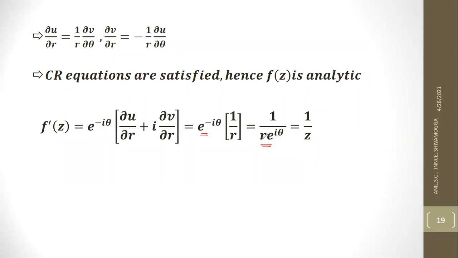Therefore, this is equal to 1 divided by z, since r into e power i theta is taken as z. Therefore, this is equal to 1 by z. Therefore, the derivative of log z is d by dz of log z equal to 1 by z. Very important problem.